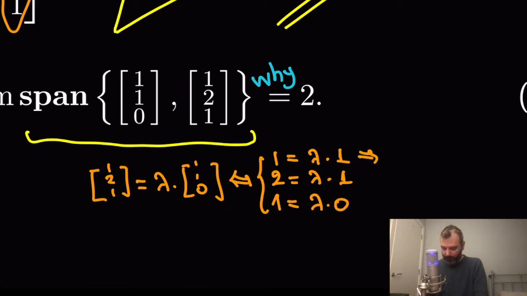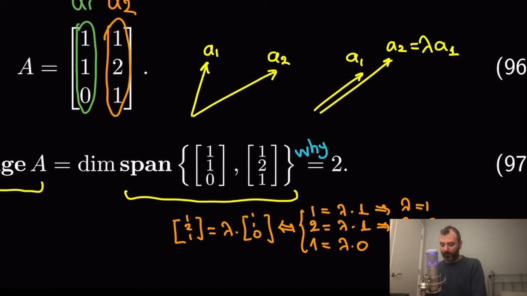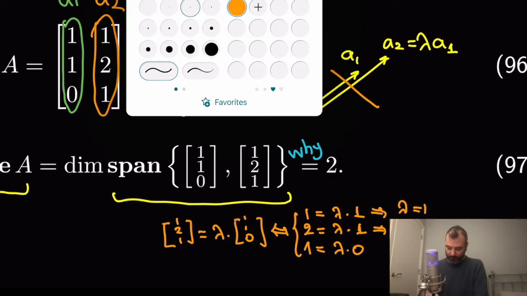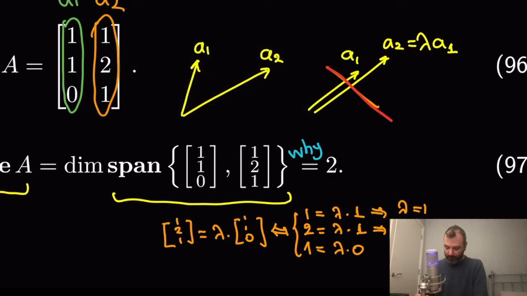So from the first equation, I can see that lambda is equal to 1. And from the second equation, I can see that lambda is equal to 2, which is impossible. I mean, what is it, 1 or 2? So the assumption here that the two vectors are collinear is wrong. These vectors are not collinear.